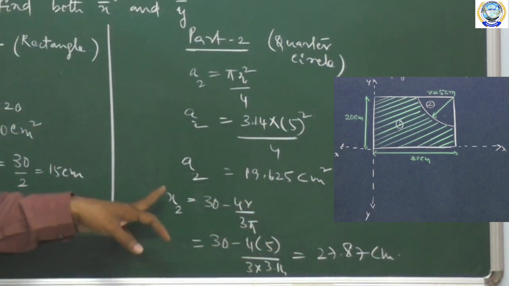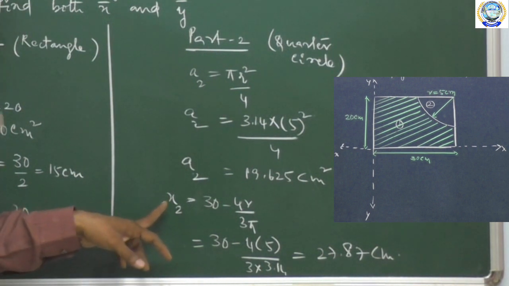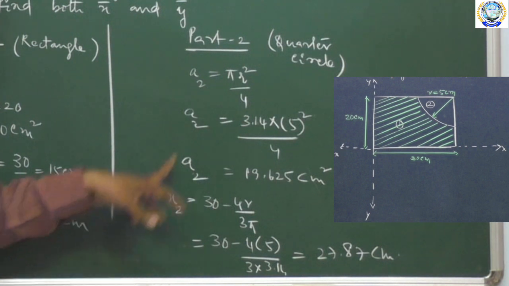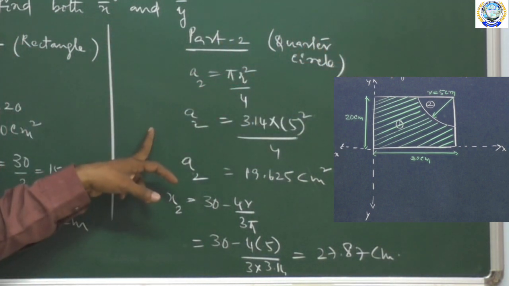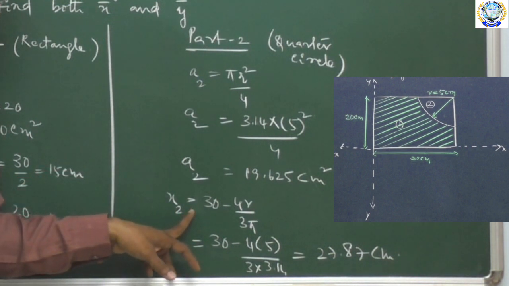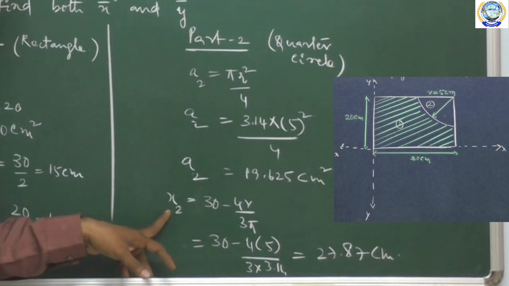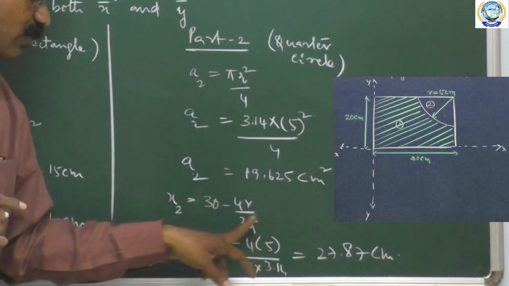And to get the second coordinate x2, we have to remember one thing here. As I told you, x2 is the coordinate of the portion called quarter circle. Before that, I have one more portion which is called the rectangle. Then x2 is equal to 30 minus 4r by 3 pi.